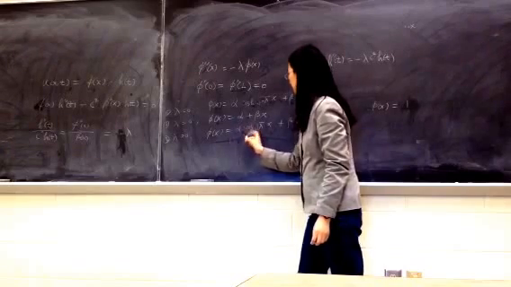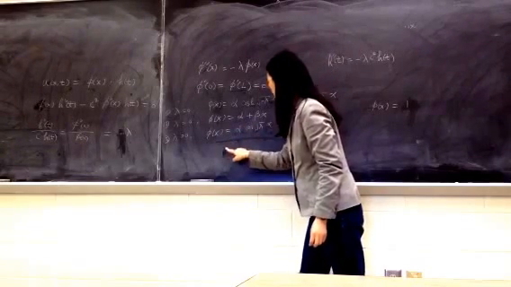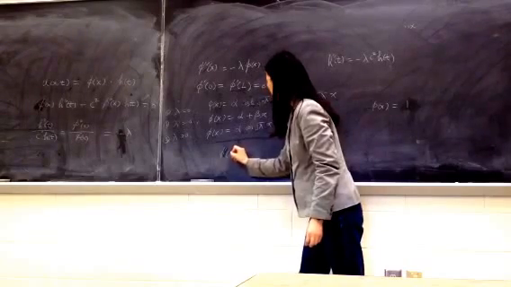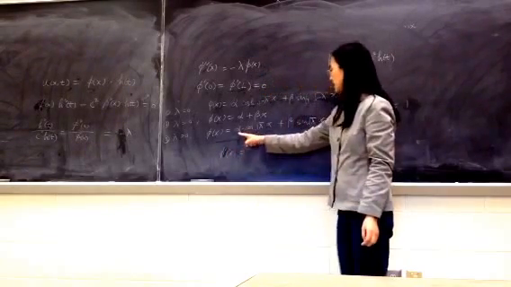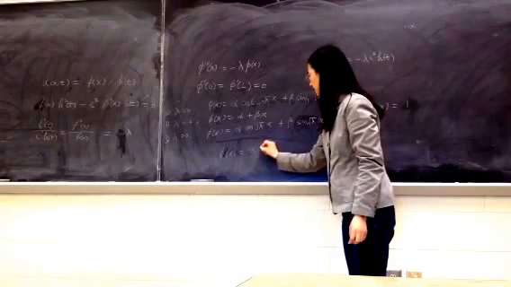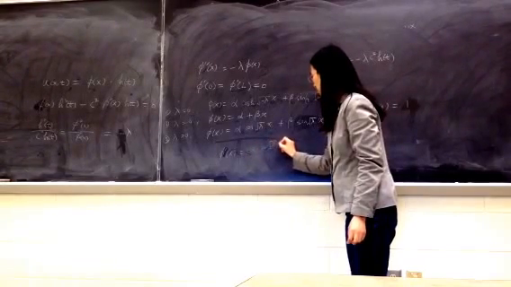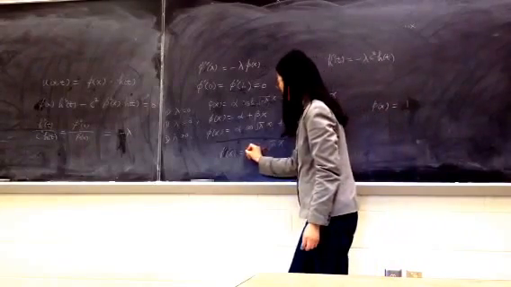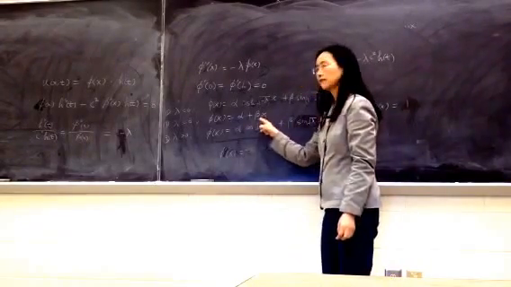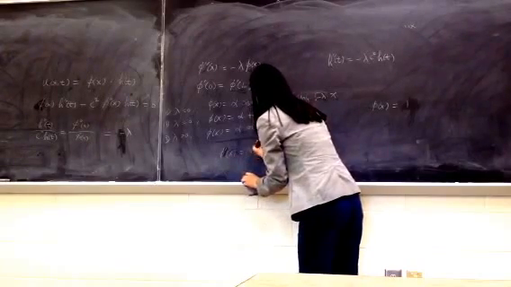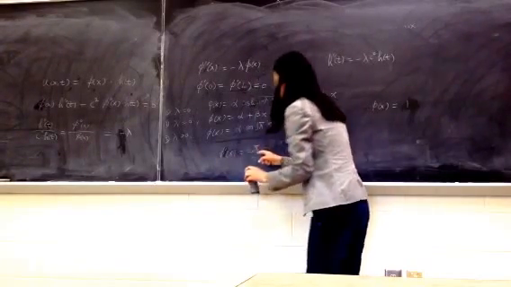So take a derivative first. That's negative alpha hyperbolic sine, and also the square root of lambda over here, by the chain rule.